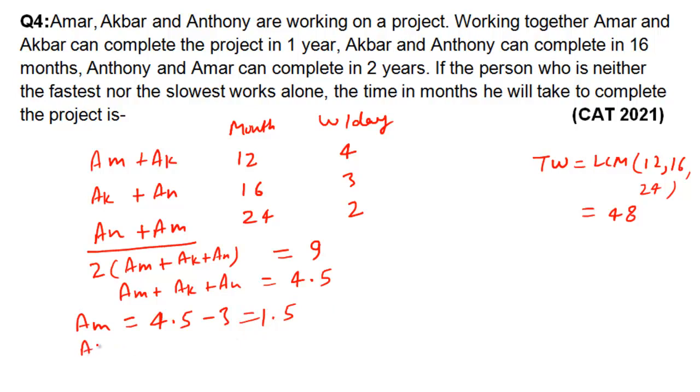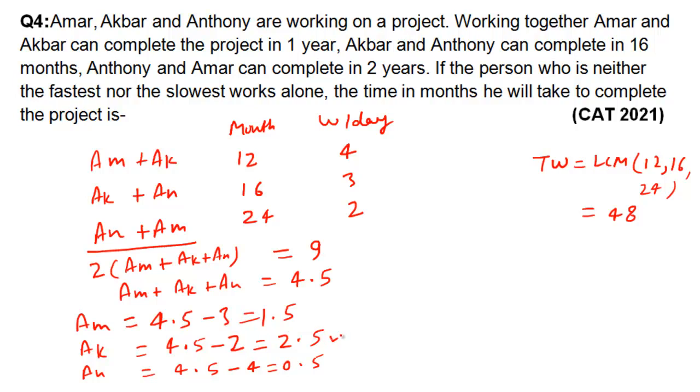And similarly Akbar is doing 4.5 minus, we can subtract Anthony plus Amar, 4.5 minus 2 for Akbar, so that will give me 2.5. And for Anthony I can write 4.5 minus 4, so that is 0.5. So now you got the efficiency of each of them.